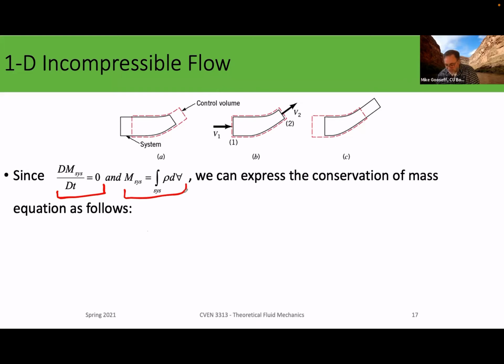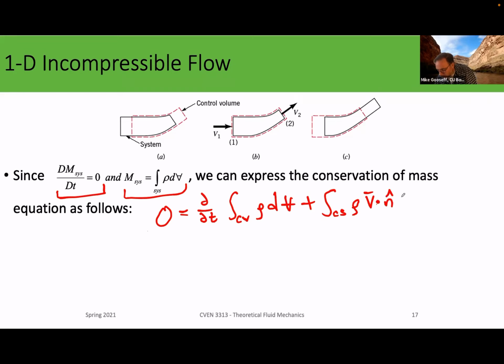So we can express the conservation of mass as follows, which is to say 0 is equal to del del t of the integral over the control volume of rho dV, that's volume there, not velocity, plus the integral over the control surface of rho v, which is a velocity vector, dot n hat, or normal unit vector, dA.